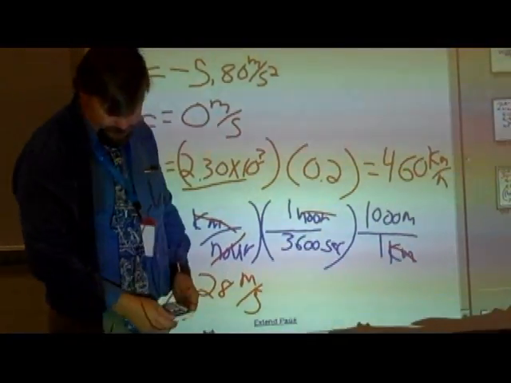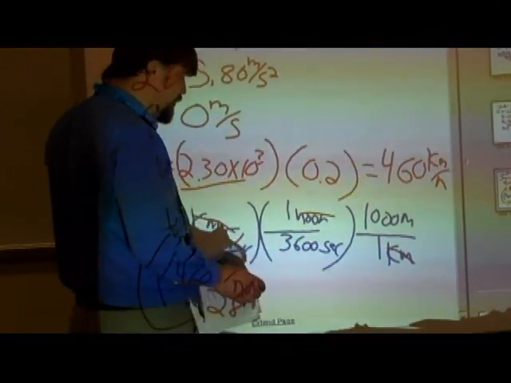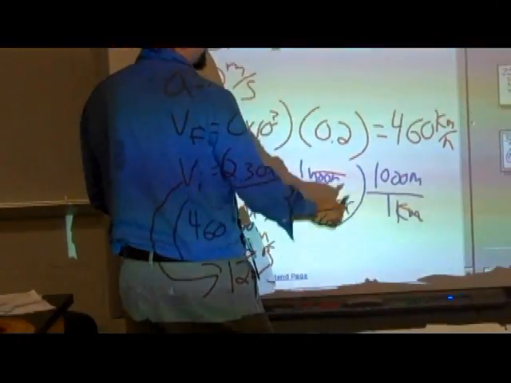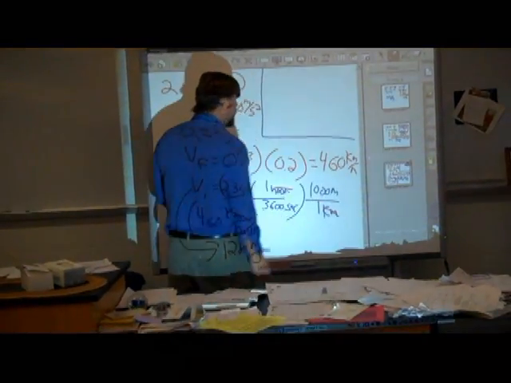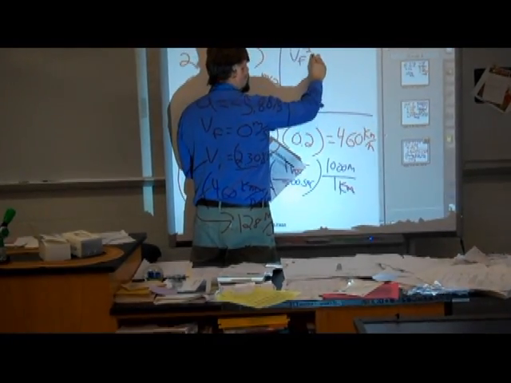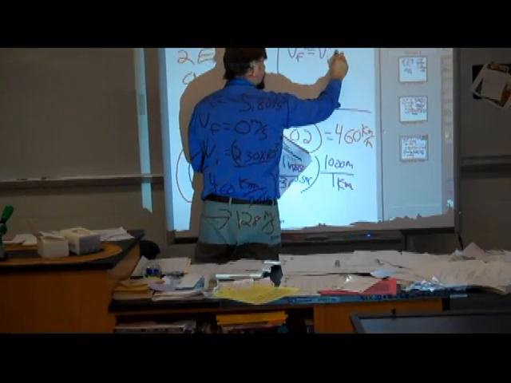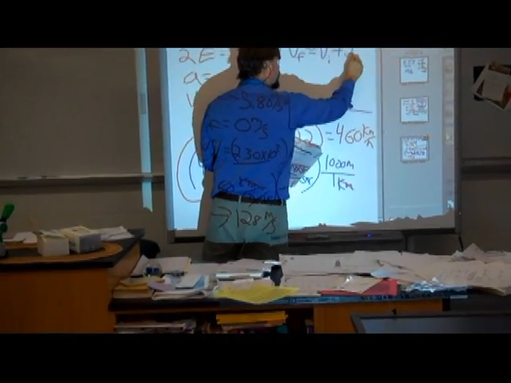All right, so we're looking for the distance. We're given the same equation. Our original equation on our New York State reference table is VF squared equals VI squared plus 2 times acceleration times x.